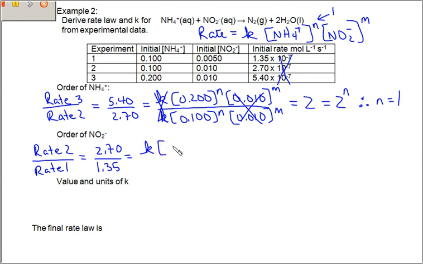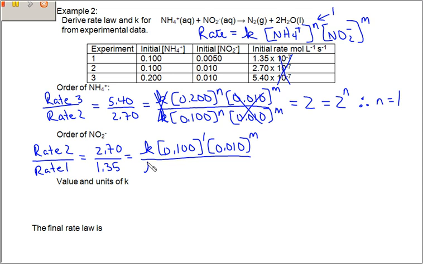K. We're going to do the larger experiment first. So 0.100. We've already established that this is to the first power, so let's just go ahead and put that in. And then 0.010 for the nitrite ion concentration. And we need to figure out what M is.